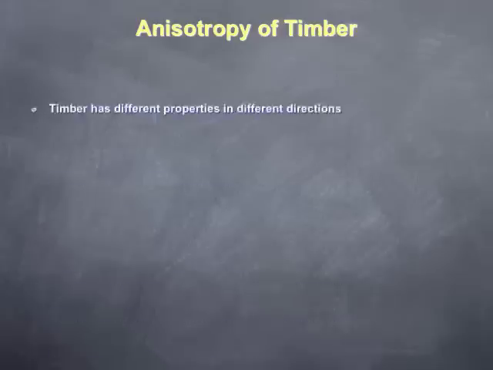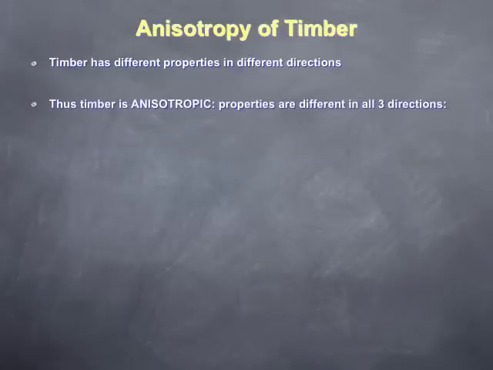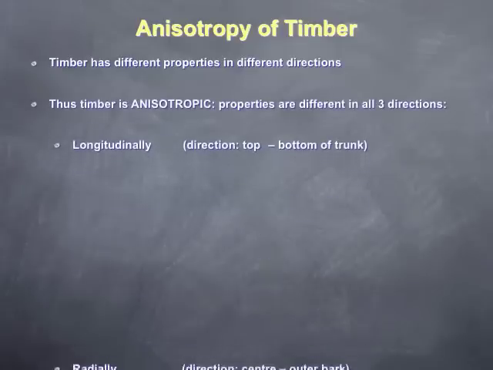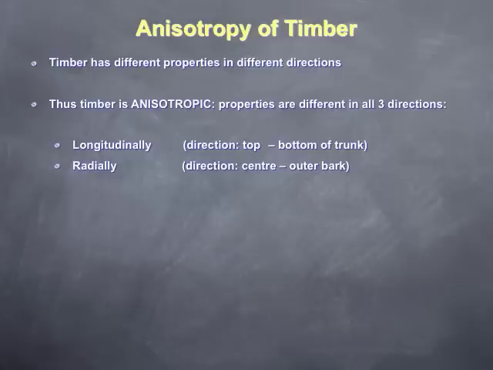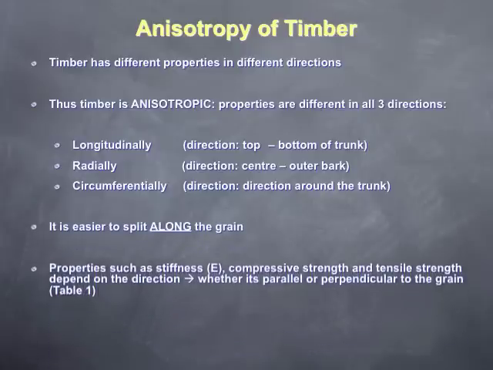Timber is unique because it exhibits anisotropic behaviour, which means that depending on how you cut it, the timber from the same material will have different properties. It is anisotropic in 3 dimensions: longitudinally, radially, and circumferentially. And timber is also easier to split along the grain.